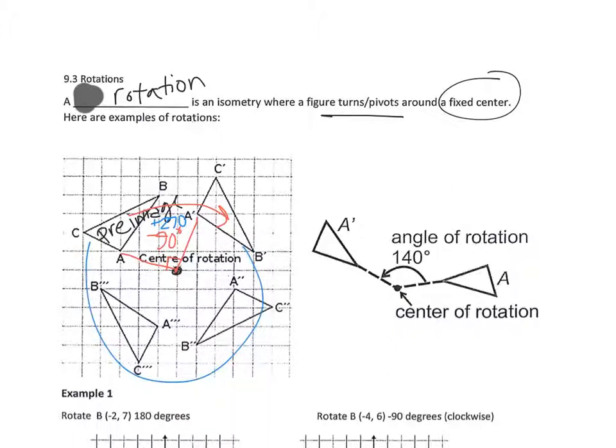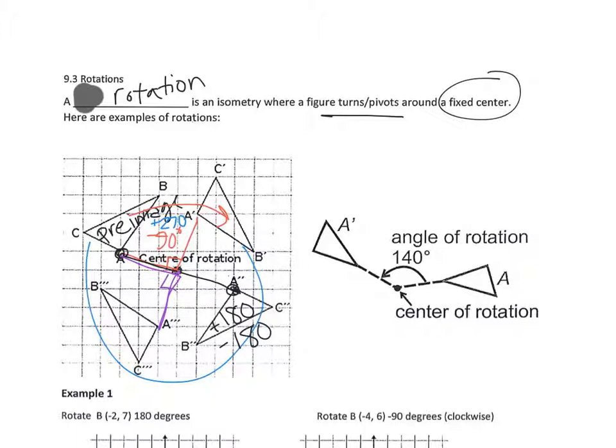So for the second one, if I connect A to A double prime, this is going 180 degrees. So it can either go a positive 180 or negative 180, because that's going to be the same. If I connect A to A triple prime, this makes a 90-degree angle.